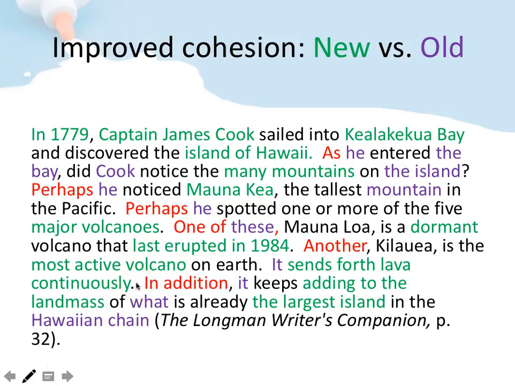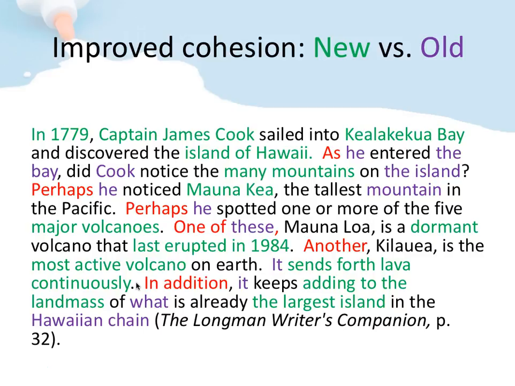So the new versus old, I've put here in green the new information. And our task here is to introduce new information only after presenting some reference to old information. So if I read this example, we know that in 1779, Captain James Cook is the first time we're presenting this.